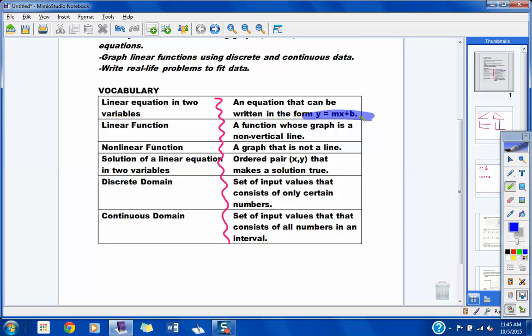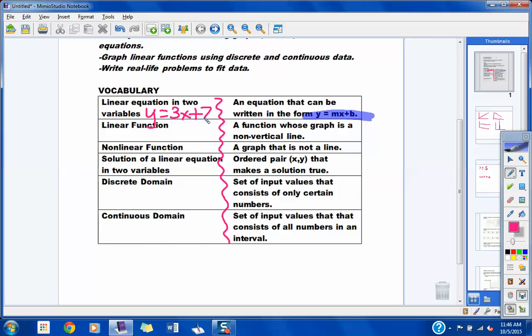Let me give you an example of what this would look like here. As an example, y equals maybe 3x plus 7. Y equals 3x plus 7. Okay? The two variables we're talking about, x and y, as they relate to inputs and outputs, like we talked about in functions last section.